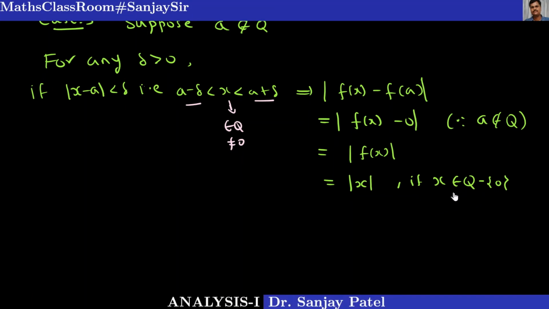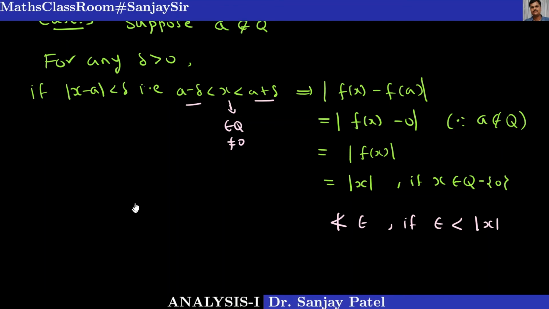So I am going to get mod of x, a positive constant, so it is not less than epsilon if my epsilon is less than that particular positive constant mod of x, for that number x belonging to Q minus 0.